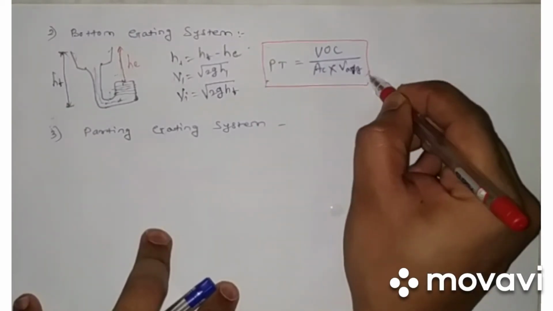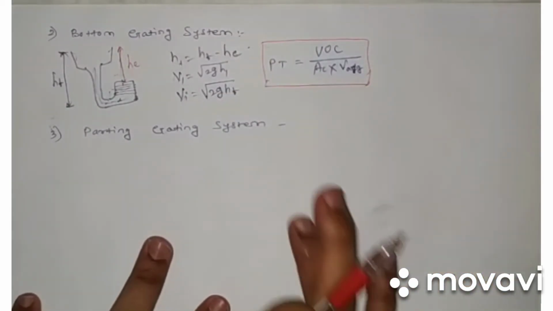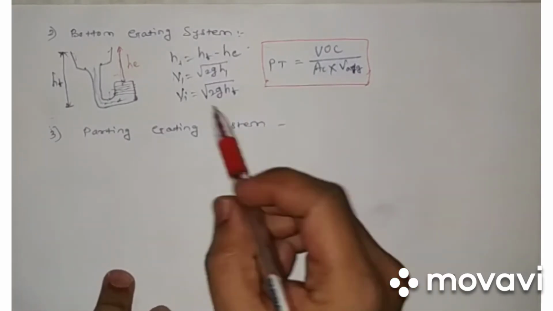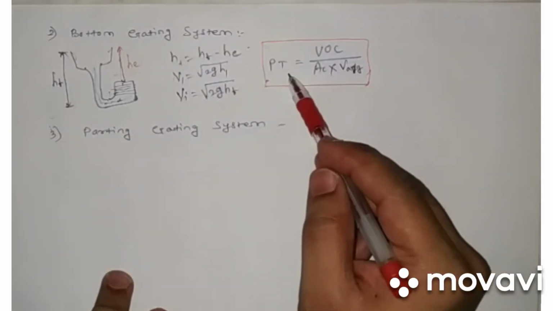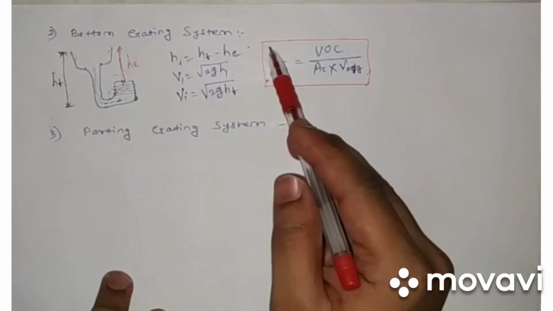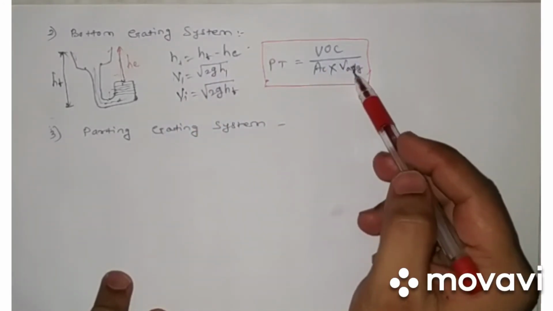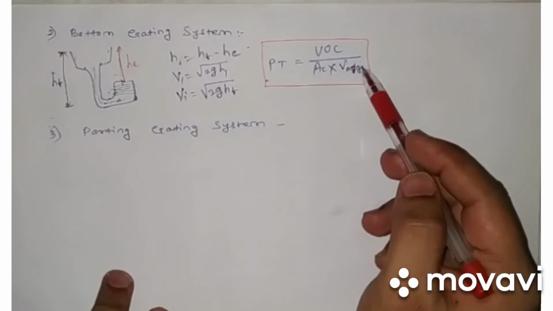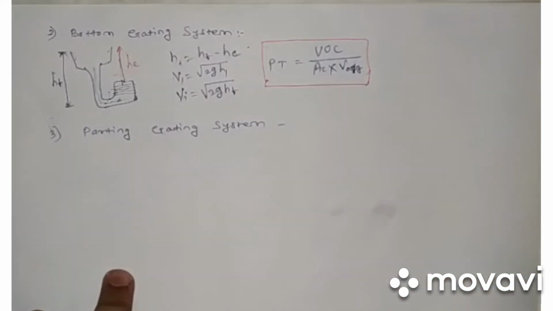As I explained here, the velocity is changing. Now the pouring time is more as compared to the top gating system, because the velocity is the average velocity, so the time required is more.